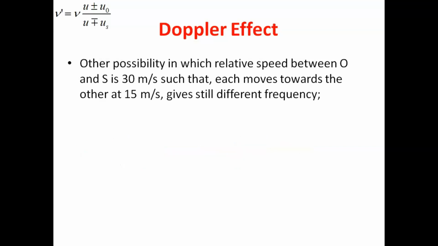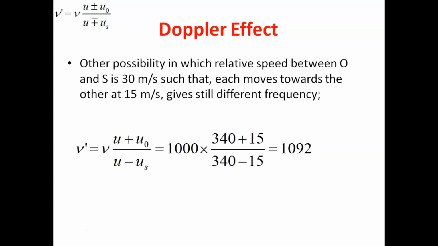The other possibility is that the relative speed between O and S is 30 meters per second such that each moves towards the other at 15 meters per second, which still offers a different frequency. Now the observer is moving towards the source with 15 meters per second, and the source is also moving towards the observer at 15 meters per second with respect to the air medium.